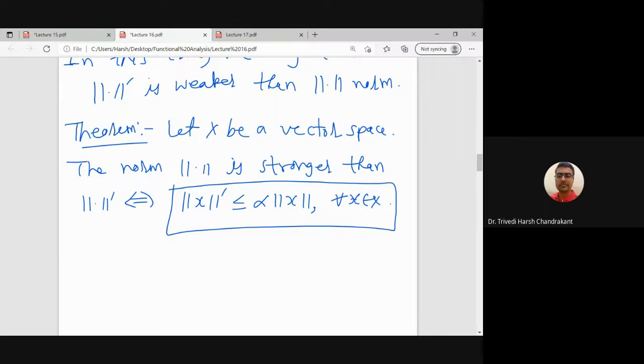This will be related to continuity of linear functions. We will discuss later in this talk how this is related to continuous functions. First let us try to prove this result.